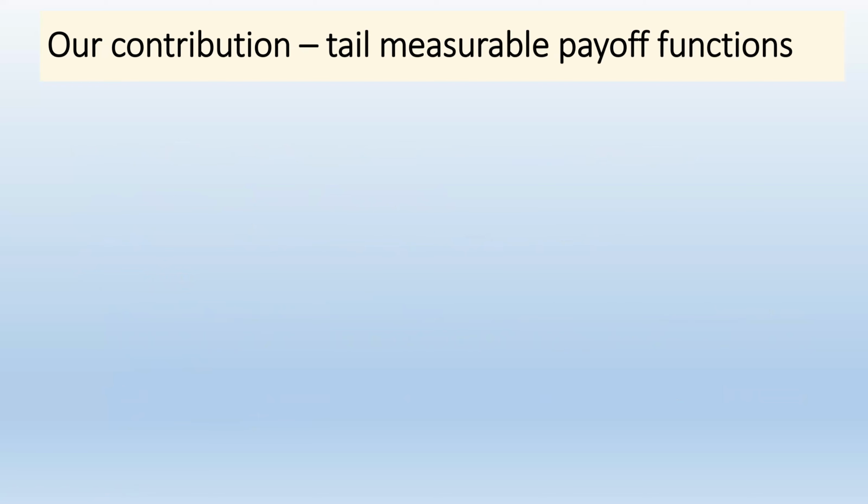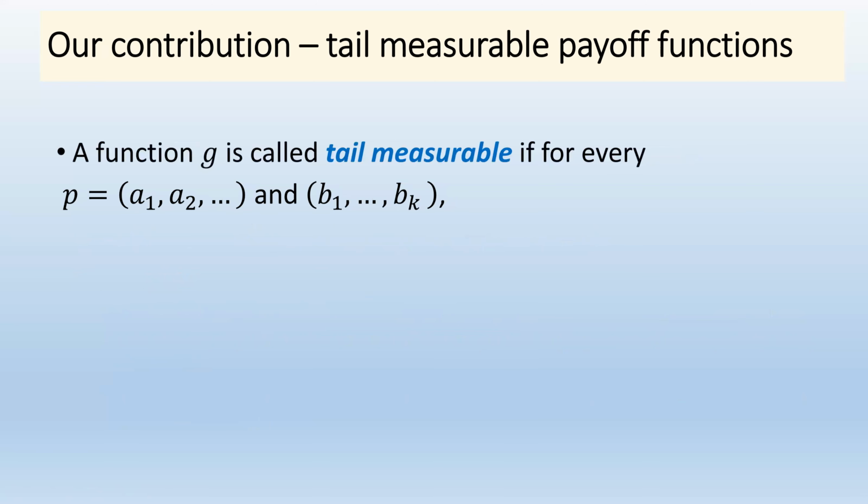We also discuss tail measurable payoff functions. So what are these? When is a payoff function tail measurable? Given a play, whenever we change the action profiles in finitely many periods, we get the same payoff as in the original play. So the same idea behind it. Take some play A1, A2, and so on, replace K action profiles.